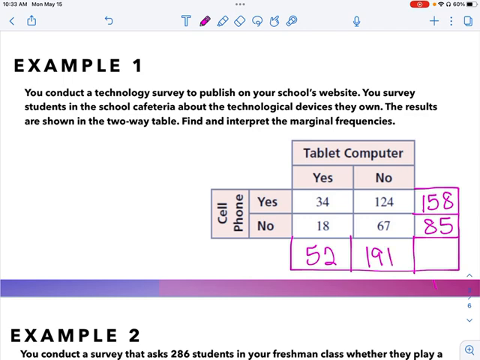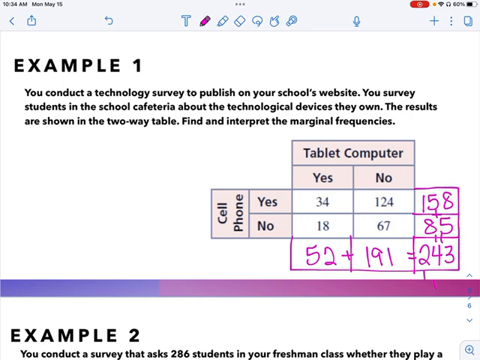We're getting that by just simply adding. Then you can take the marginal frequencies, add them together, and that should tell you the total number of people surveyed. An easy way to check this is that you can add going across, or you can add going down, and you should get the same.